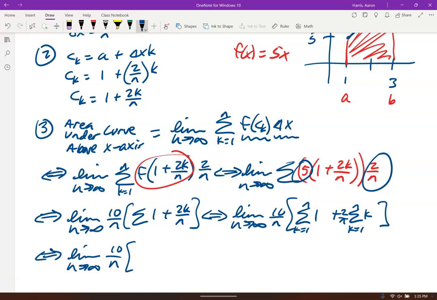And so this is 1 constant times n. All right, so I use that formula there, plus 2 over n. I use the formula for i, which was n plus 1, or k in this case.